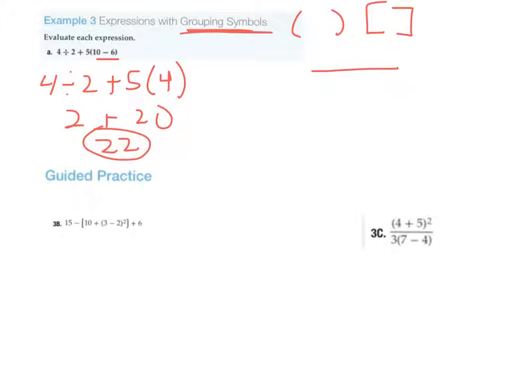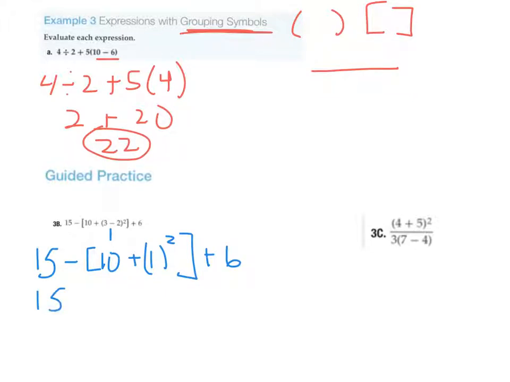So let's do inside out. So inside the parentheses, a grouping, so it's 15, and inside the parentheses, I'm going to get 1. I'm going to keep it in parentheses because it becomes a 1 to the 2nd power. Now I can do my exponent inside the parentheses. So I would get 1.